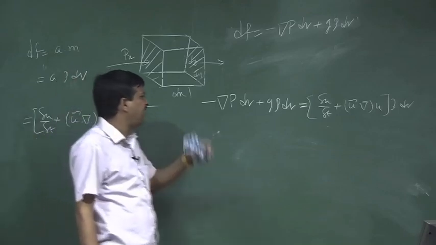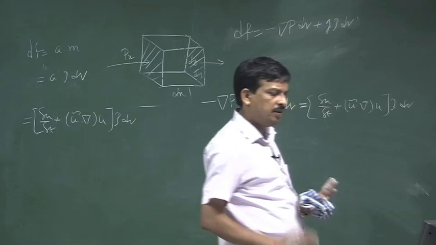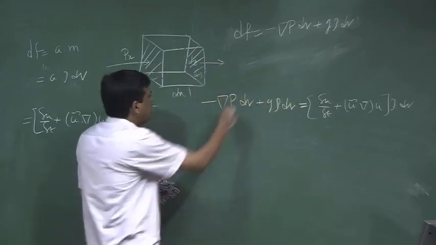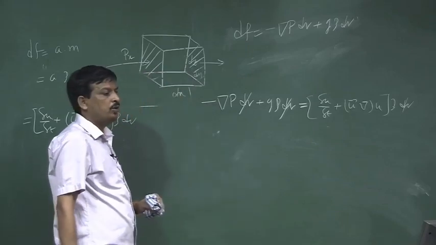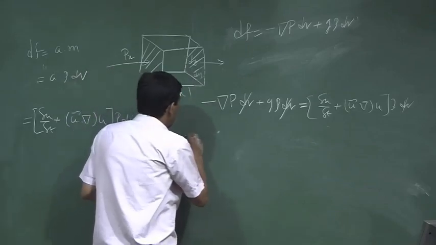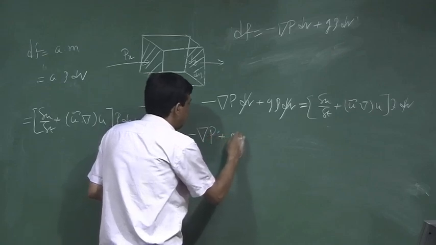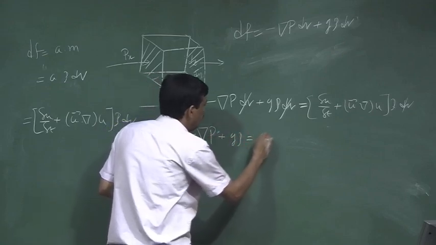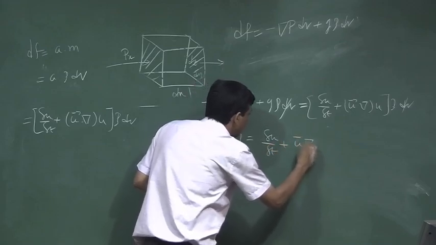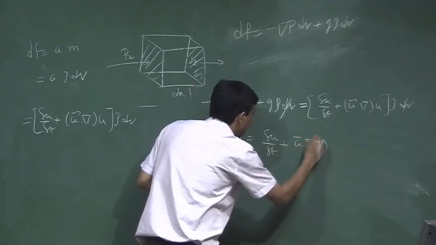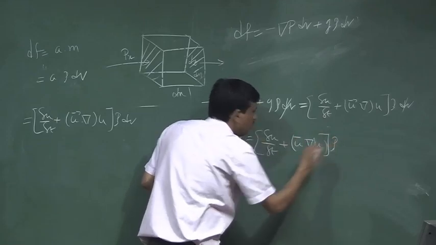So, I can say that dV on both sides will be cancelled. I can cancel this dV. So, what is the equation? Minus ∇P total pressure plus G rho is equal to ∂u/∂t plus u·∇u, whole multiplied by the rho.